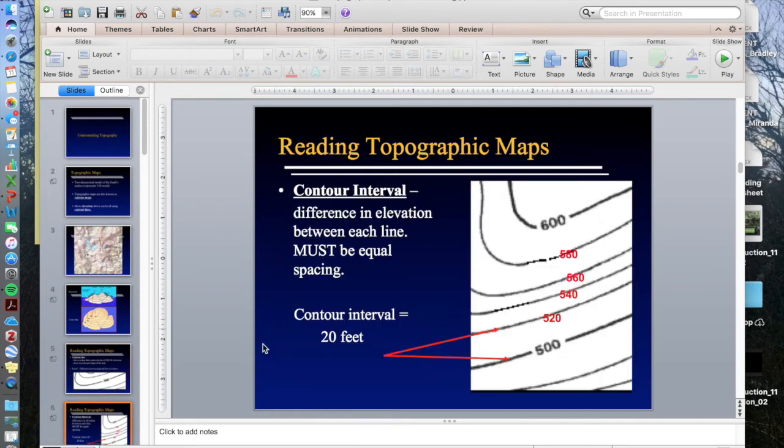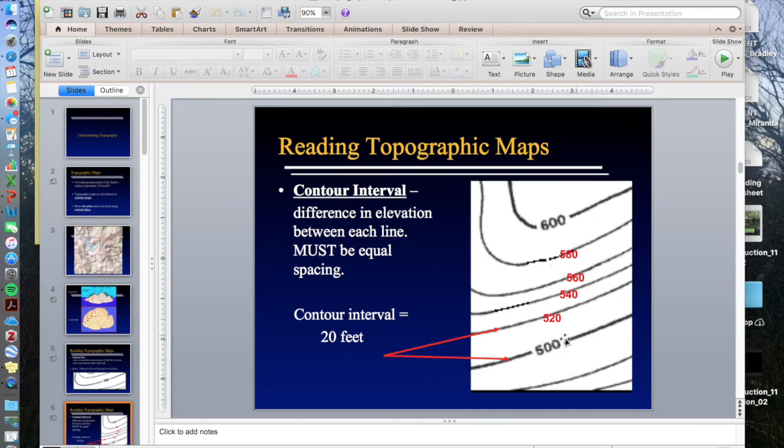If we add contour intervals, which is the difference between lines, there are typically two different ways of going about this. Most maps will have a really bold line, and those will be one contour interval, and then thinner lines, which are a finer interval.